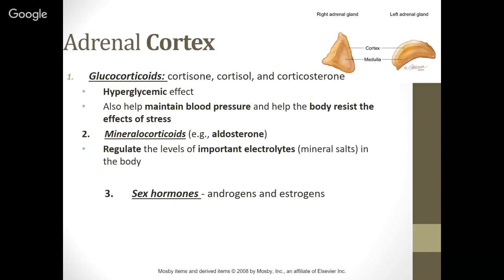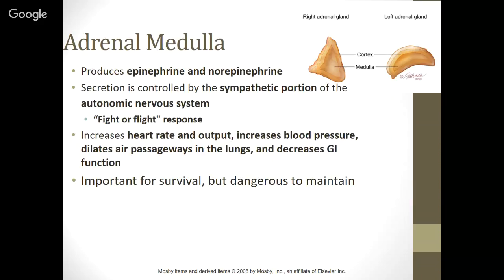Mineralocorticoids, one example is aldosterone. They help to regulate the levels of important electrolytes or mineral salts in the body. And then there are sex hormones, which are androgens and estrogens. The adrenal medulla produces epinephrine and norepinephrine. The secretion is controlled by the sympathetic portion of the autonomic nervous system, and it's involved in the fight or flight response.